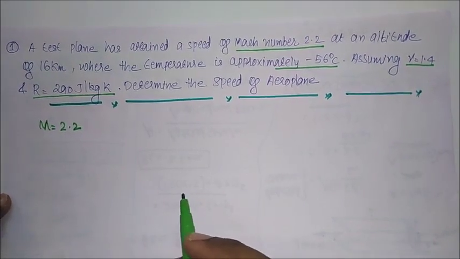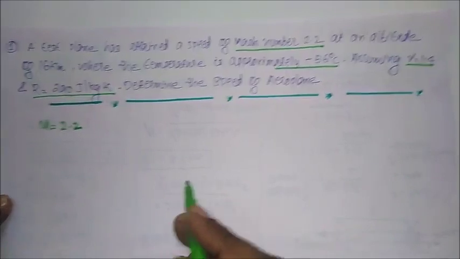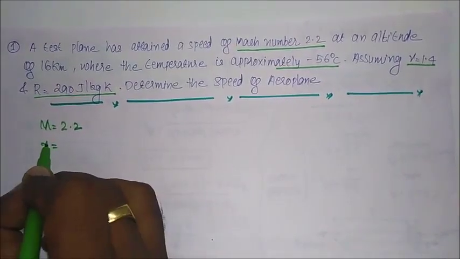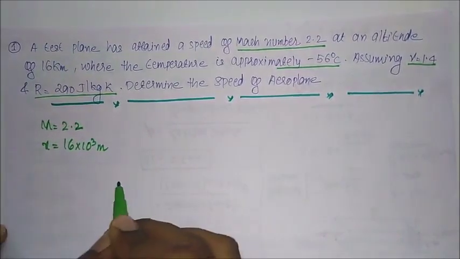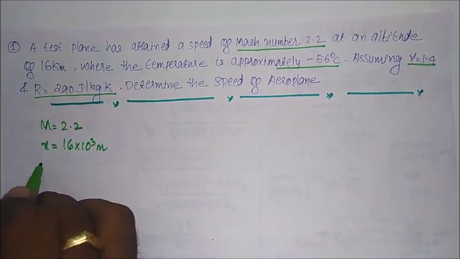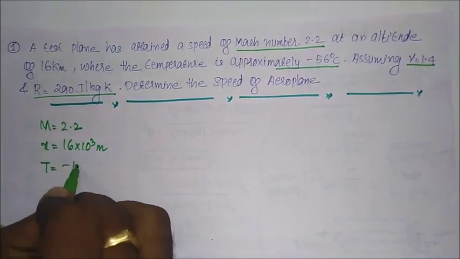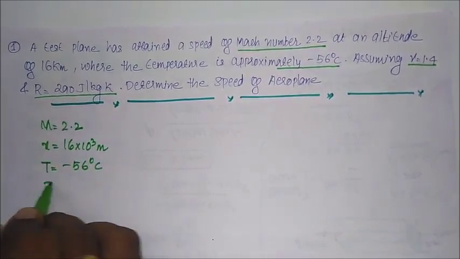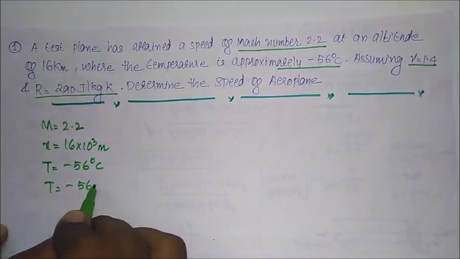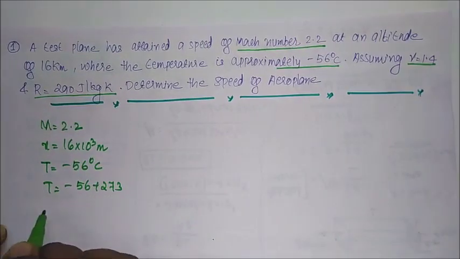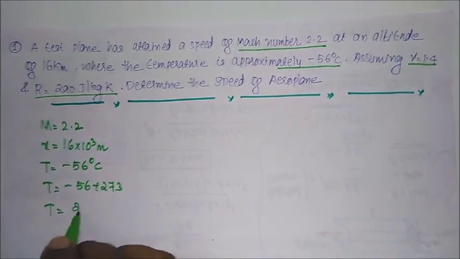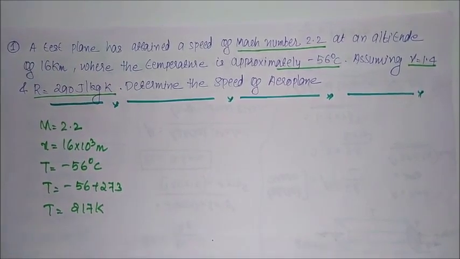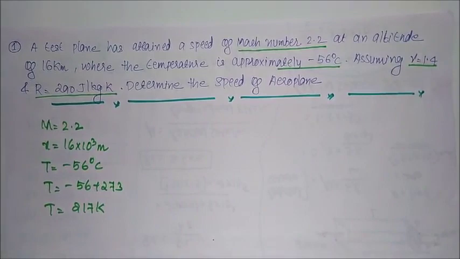Altitude is equal to 16 into 10 raised to 3 meter, and temperature is approximately T equal to minus 56 degrees Celsius. T is equal to minus 56 plus 273, that is T is equal to 217 Kelvin.